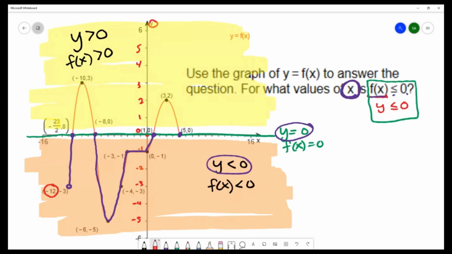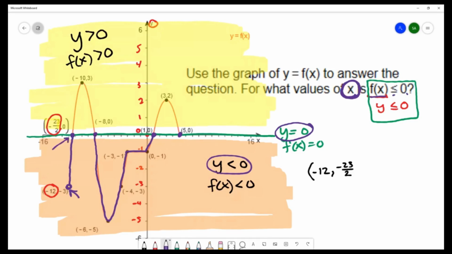This x to this x is below the x-axis, from -12 to -23/2. And then we need to decide whether we're going to use parentheses or brackets. So on this one here, because this is an open circle, that point is not included in this picture. So we need to use parentheses on that one.